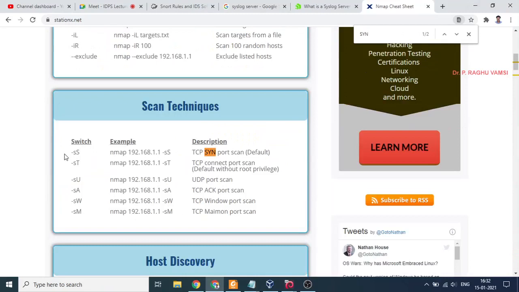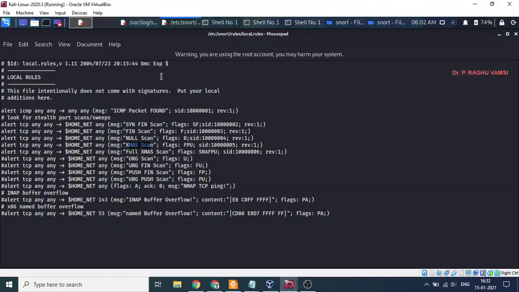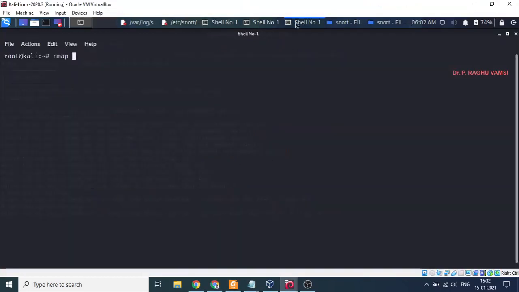So the TCP SYN port scan, which is the default scan. Have we written the rule for that? SYN scan, SYN and FIN. So nmap -sS 192.168.1.1/24.